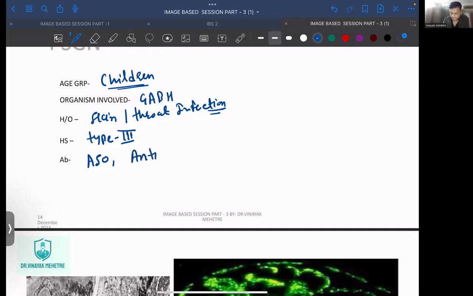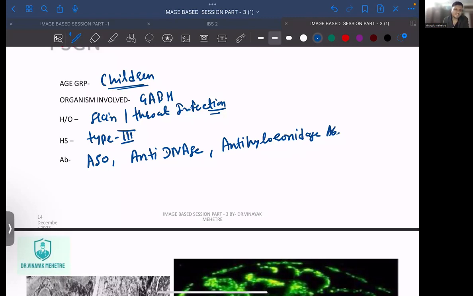anti-DNase, and one more. For those who have studied well, there is one more: anti-hyaluronidase antibody. Okay, anti-hyaluronidase antibody.